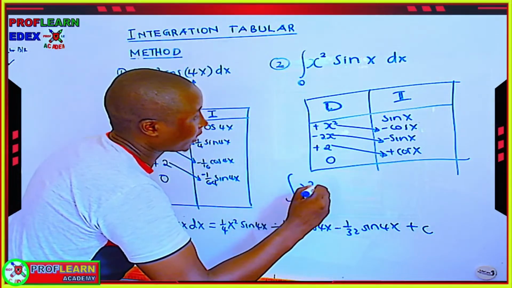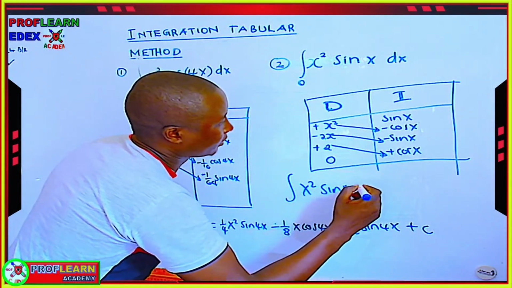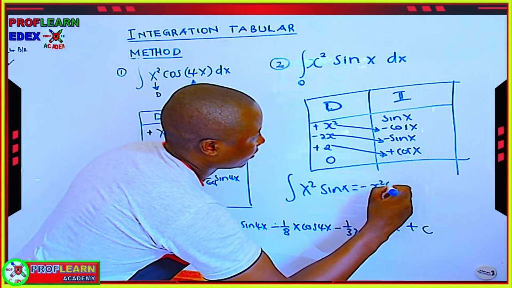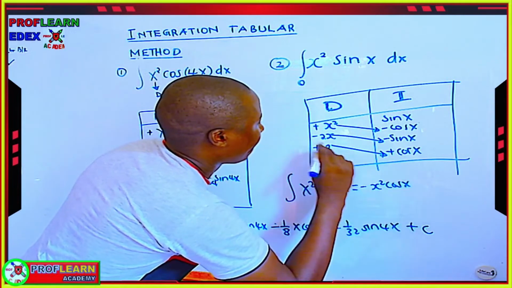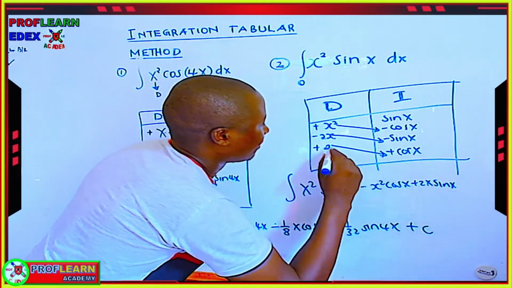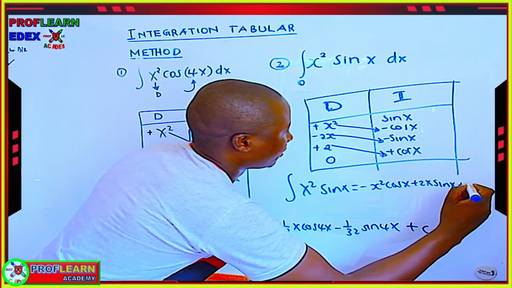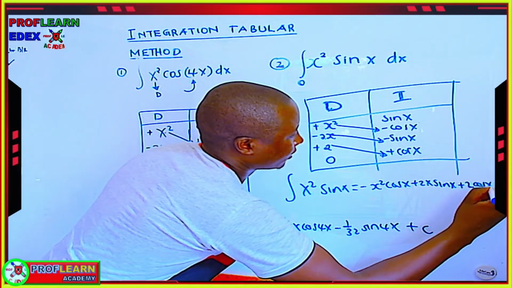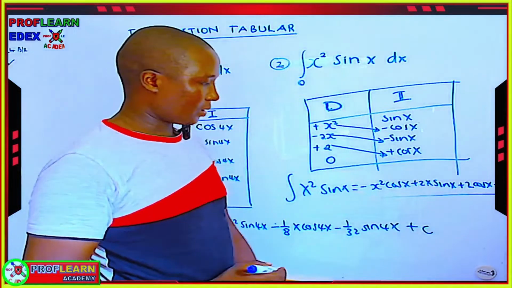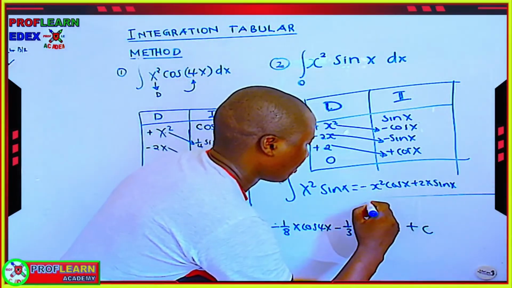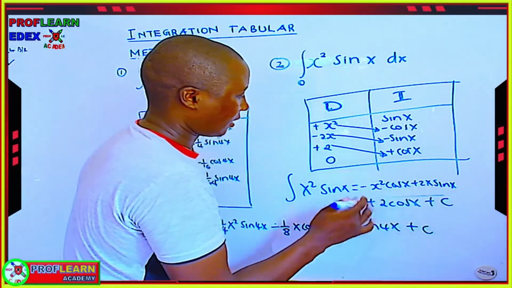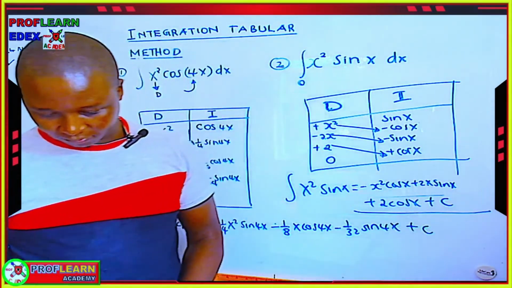So the integral of x squared sine x is the same as negative x squared cos x, plus 2x sine x, plus 2 cos x, then finally plus c, and that becomes the answer.